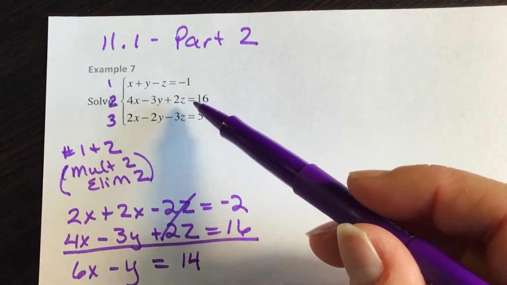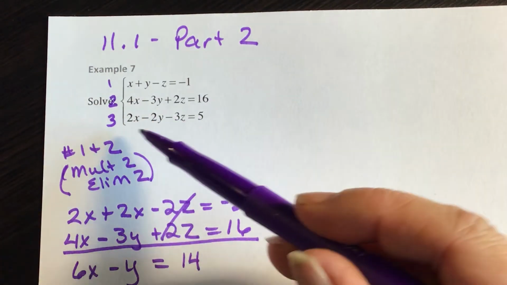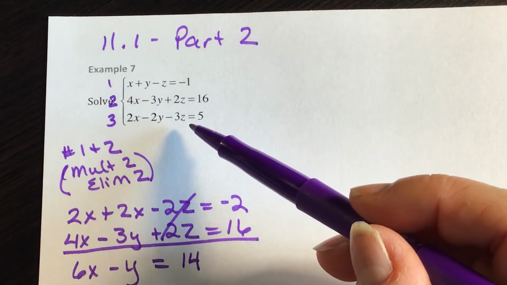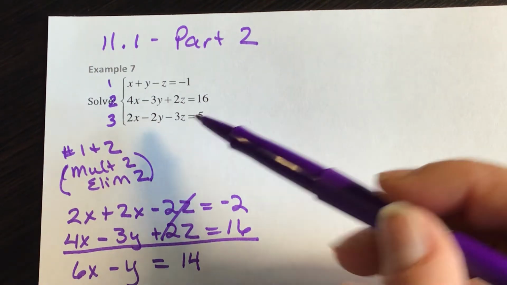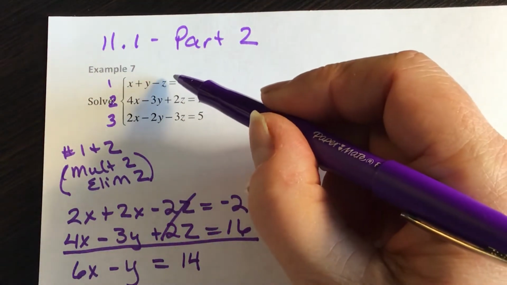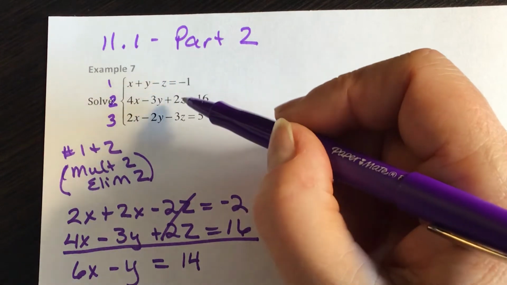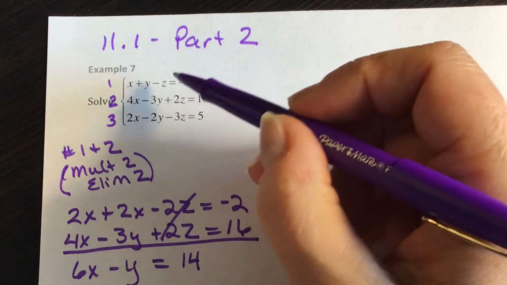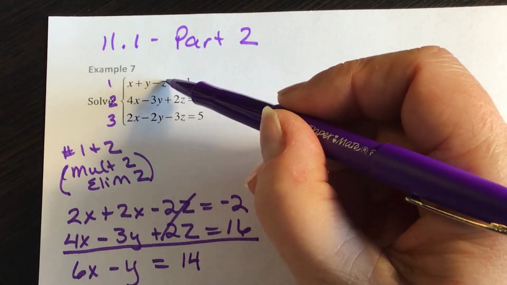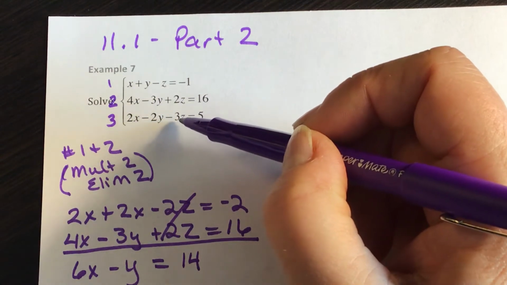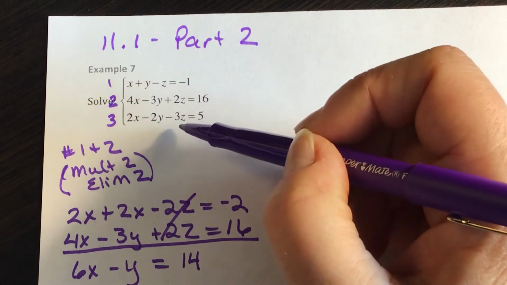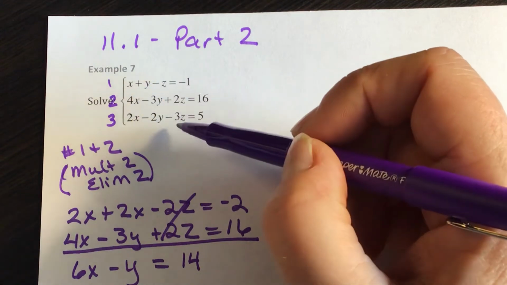Now I need another sentence that involves equation 3 that also eliminates z. So if I multiply equation 1 by negative 3, that would give me a positive 3z and a negative 3z, and then they would cancel. Okay, I want them to have opposite signs.